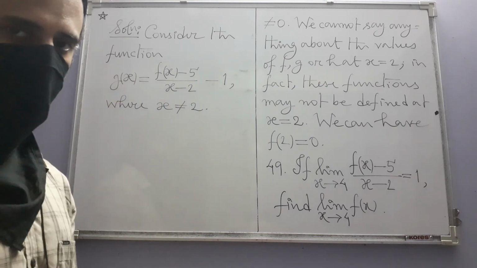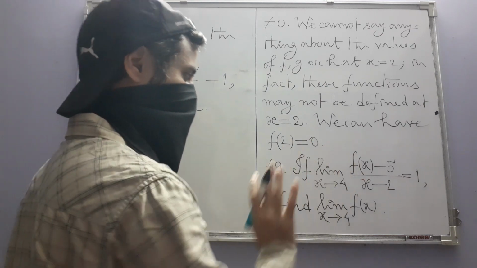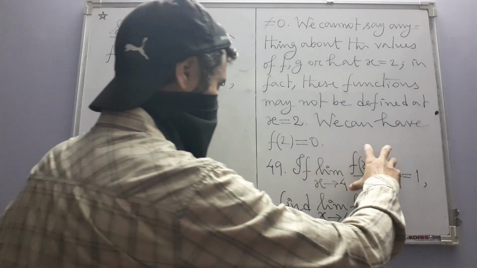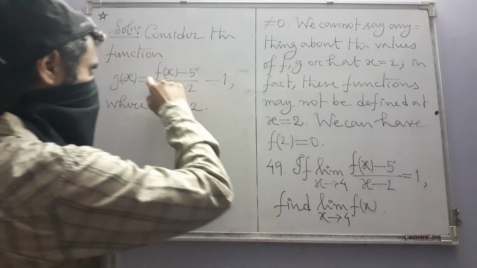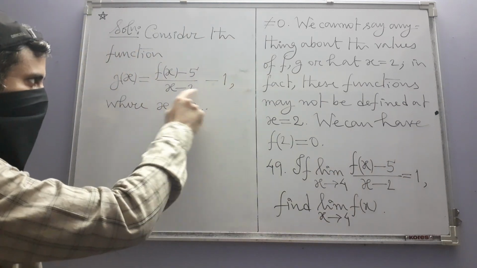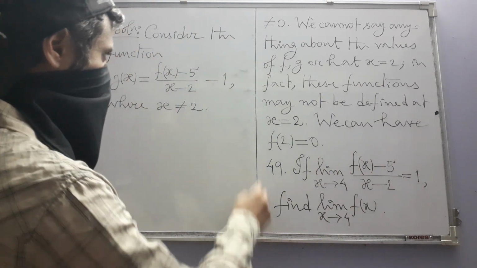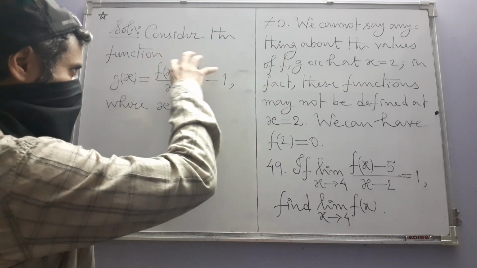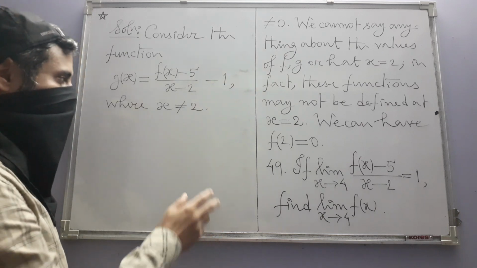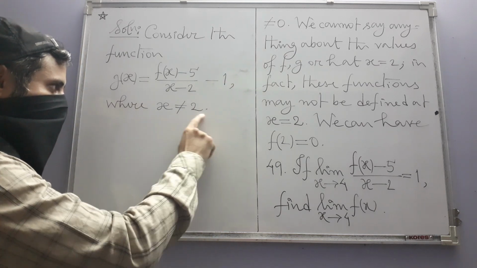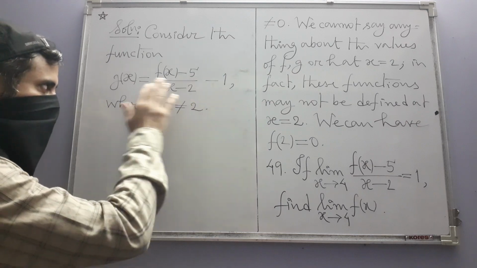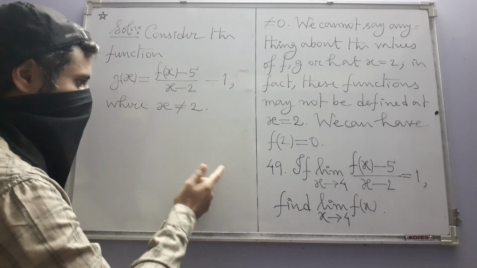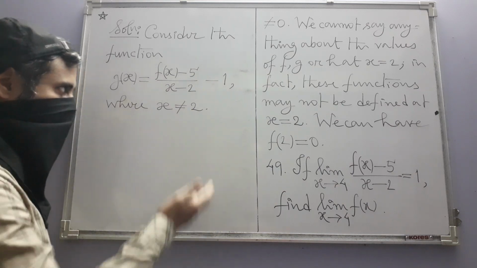This of course I can do. I mean, f is after all some well-defined function. So I can consider this quotient of f of x minus 5 and x minus 2, from which I can remove 1, which is a constant function. But to make it well-defined, I have to add this extra condition that this is my new function g for all real numbers x except 2.